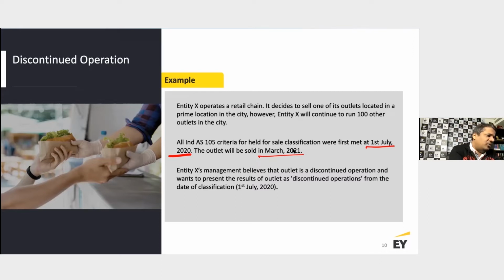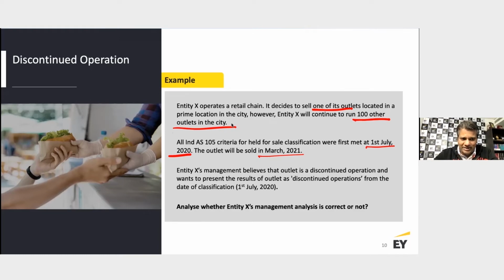Now, you are selling one outlet out of 100 other outlets you have in the city, but the management believes it's a discontinued operation. The question here is to analyze whether entity X management's analysis is correct or not. What do you think? It looks very simple to me.